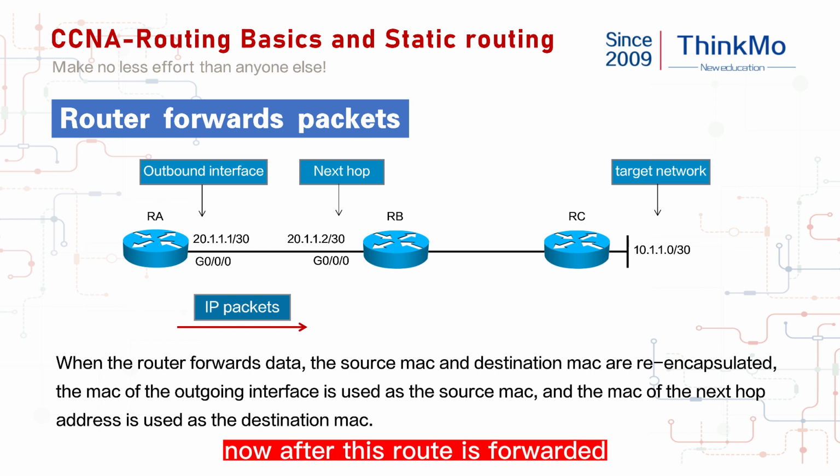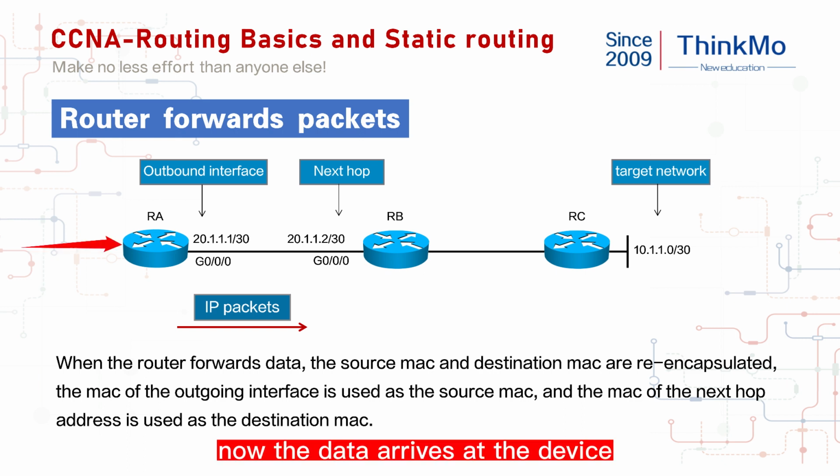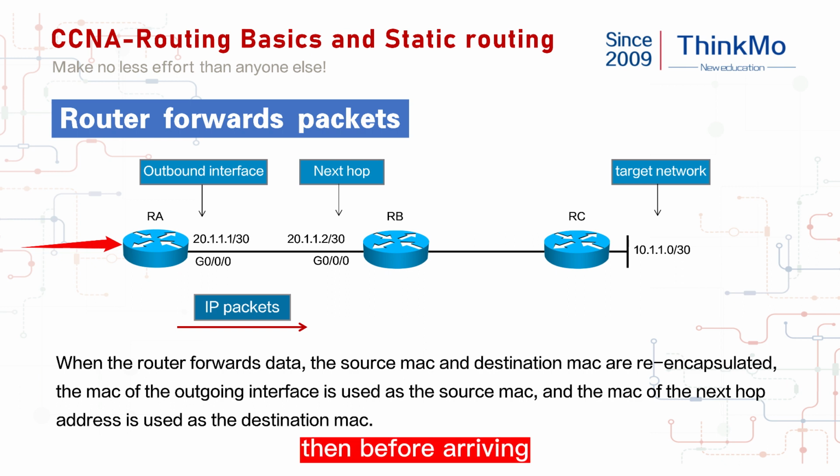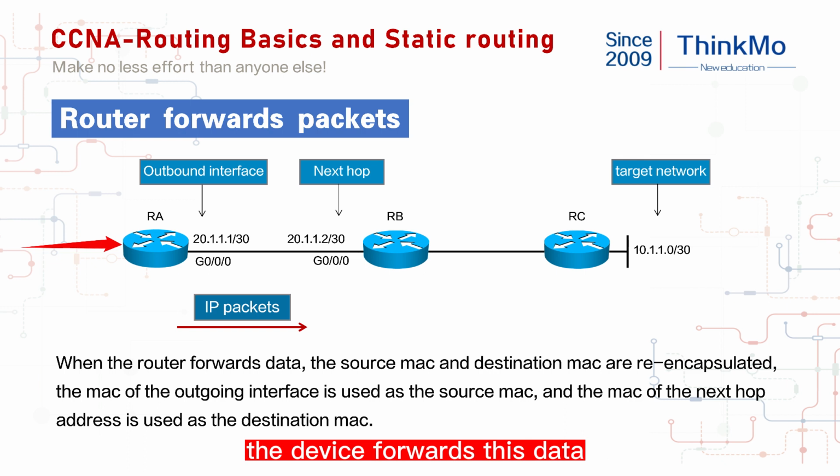After this route is forwarded, this data is sent to the next device. For example, now the data arrives at the device. Before arriving, when sent from the previous device, the next hop address is the address of the left interface of the router. The device forwards this data, sent to RB.